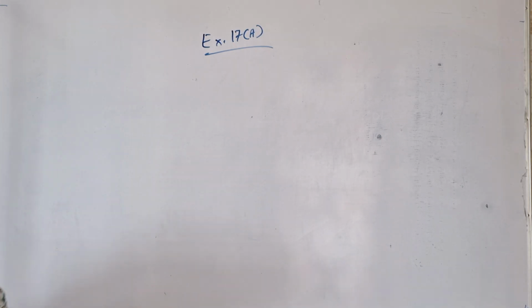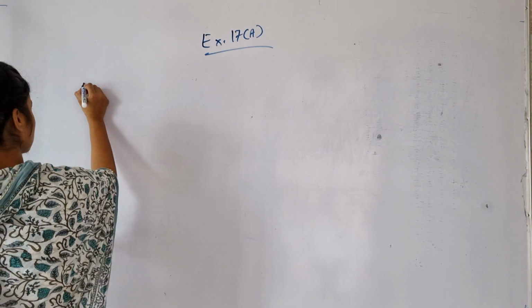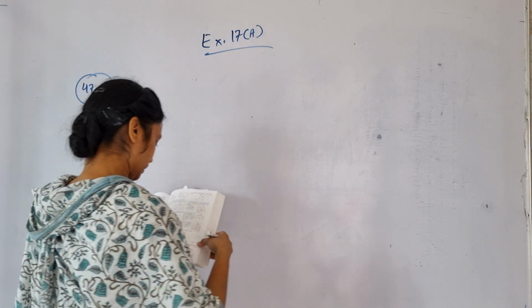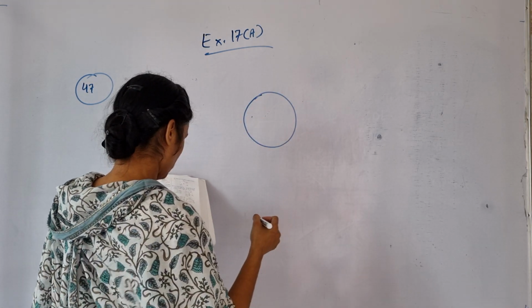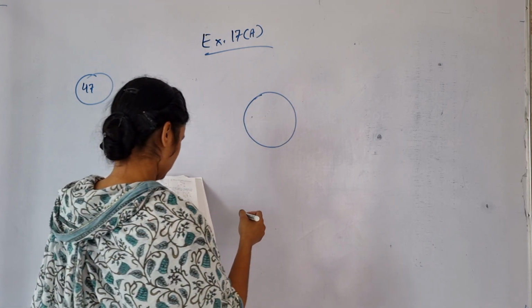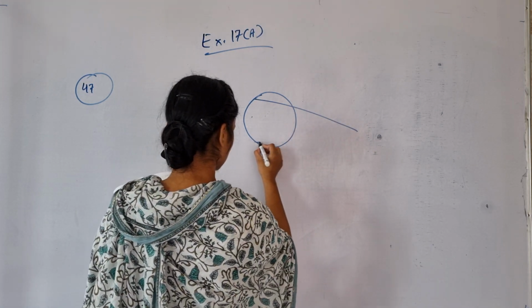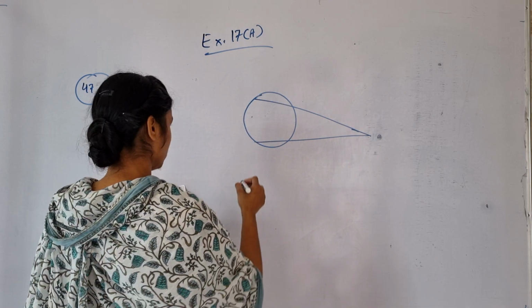Next, I am going to solve 47th sum. A circle is given. These two lines are given.